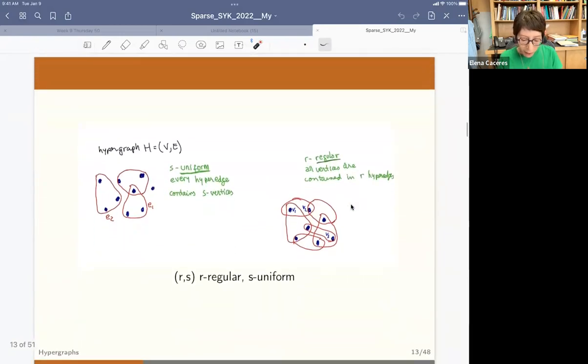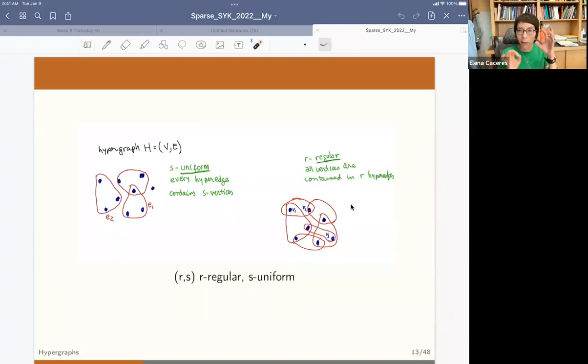Okay. So there are two properties of the hypergraphs that we're going to be interested in. Hypergraphs is a big topic, but we're interested in some particular types of hypergraphs. If you think about our Hamiltonian, we have this term that is always connecting, let's say, 4 or 8 of the Majorana fermions, right? So these hypergraphs always have to have these 4 or 8 vertices.